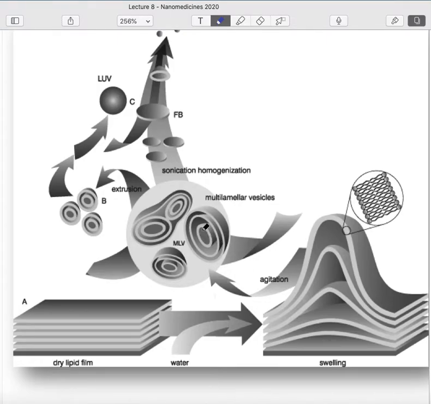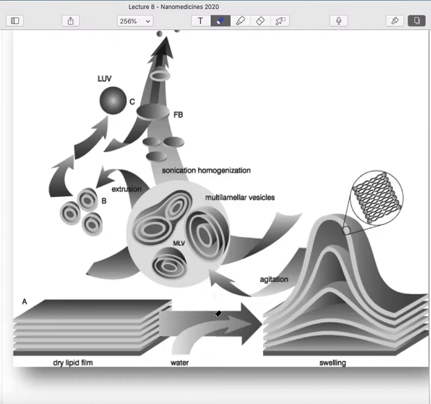Now, both of these processes I should have mentioned, and actually all of these processes are done at a temperature that is higher than what's called the Tc, which is the temperature at which these phospholipids go from being a liquid crystal system to being a liquid. So it's a transition temperature that enables these to behave more like liquid type lipids.